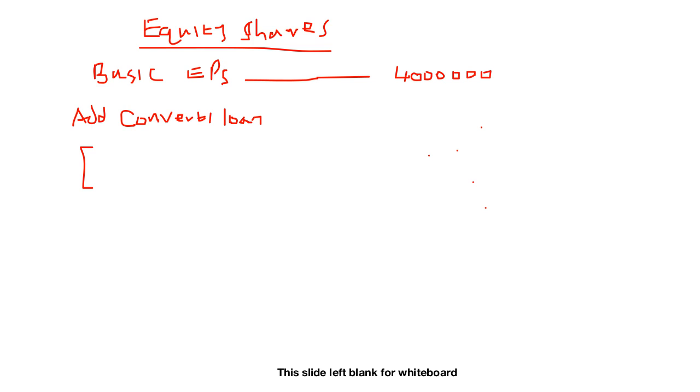So if that is the case, then to calculate the number of shares there, our convertible loan stock will now take 1.2 million. Remember, the cost was just 1, so 1.2 million. Let me just write 1,200,000 in full.